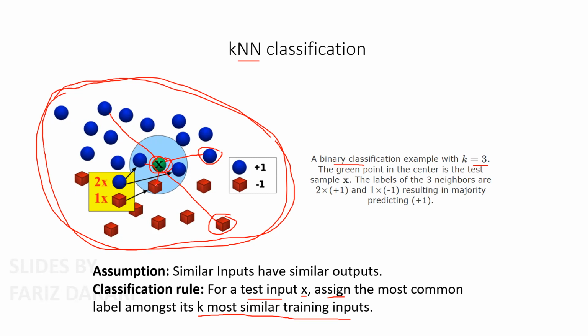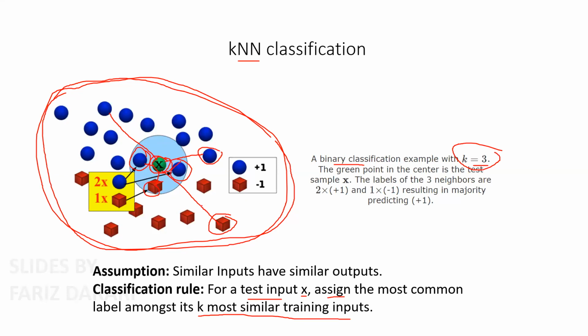If you look at this example, I think it's quite easy to see that the three nearest data points to x would be this, this, and this. Why take only 3? Because now we are dealing with k equals 3. It's 3 nearest neighbors. Okay.